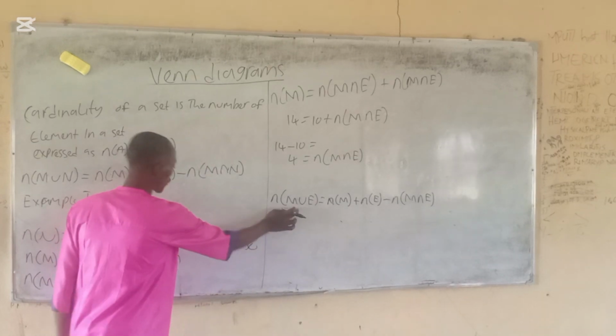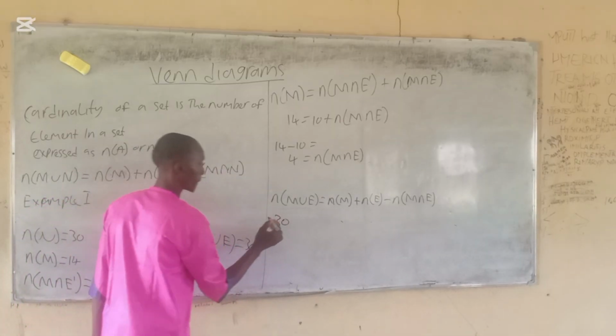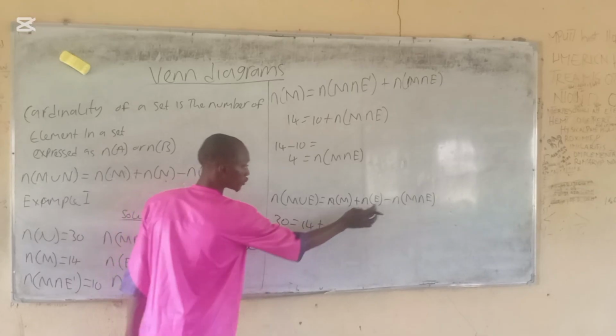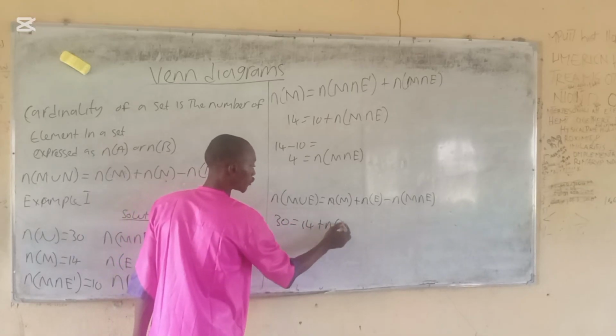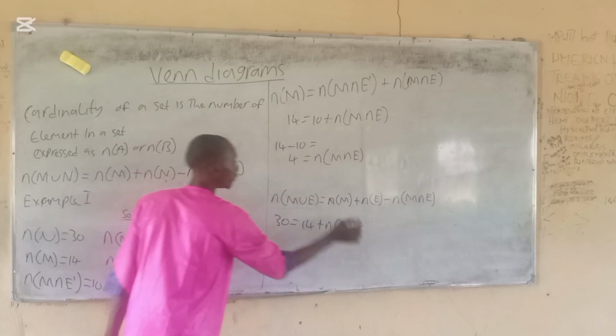Now, this one is equal to 30. This is equal to 14, plus this one, which it's not giving us, right? Then minus this one, which is 4.